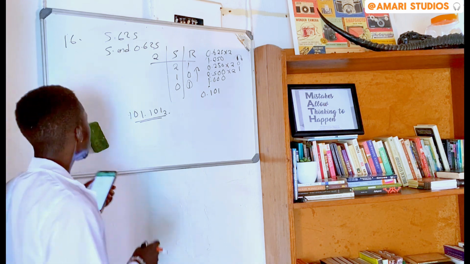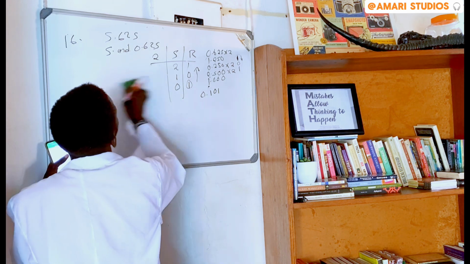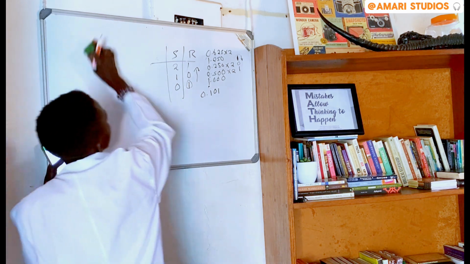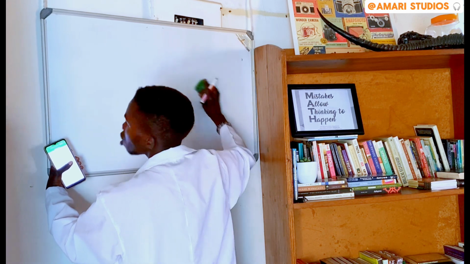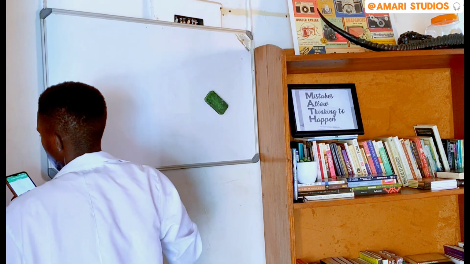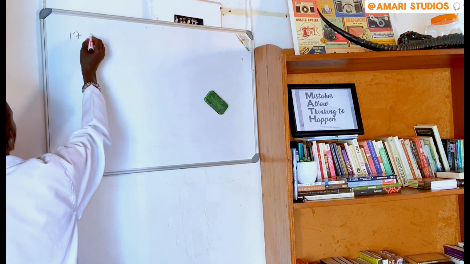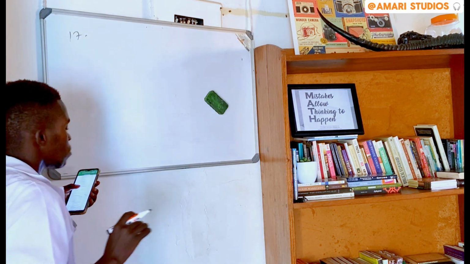Without wasting much of our time, we move on to question 17 of section B. It is actually a Venn diagram, or should I say a set.